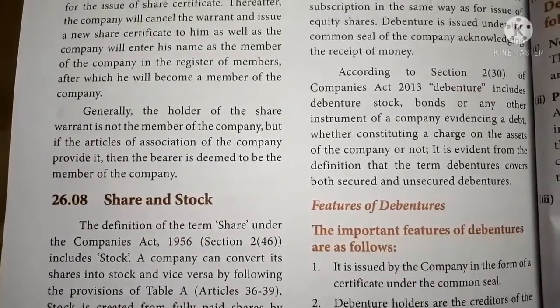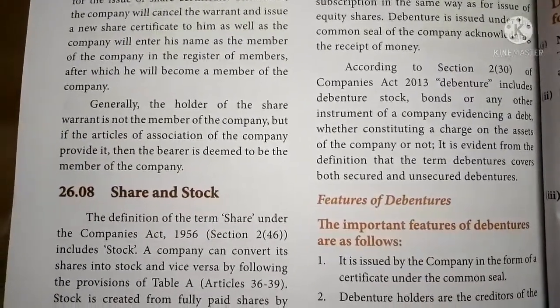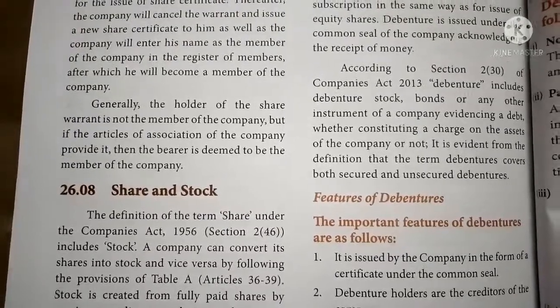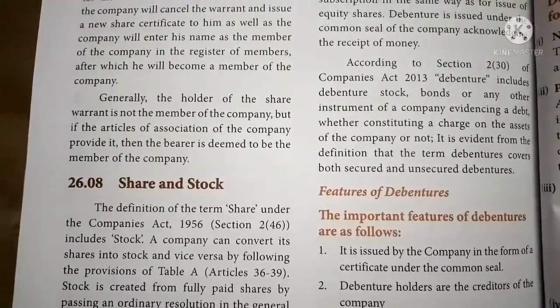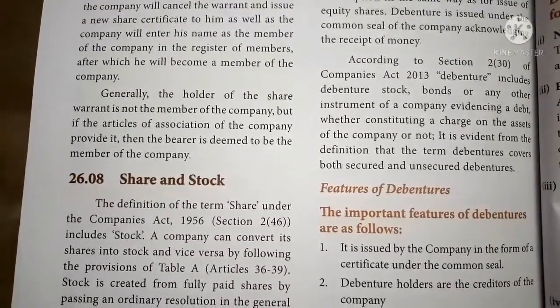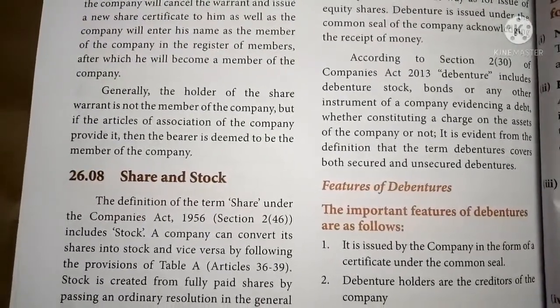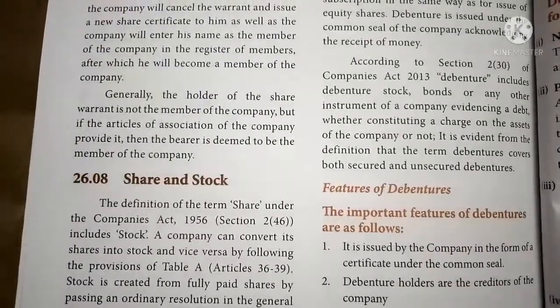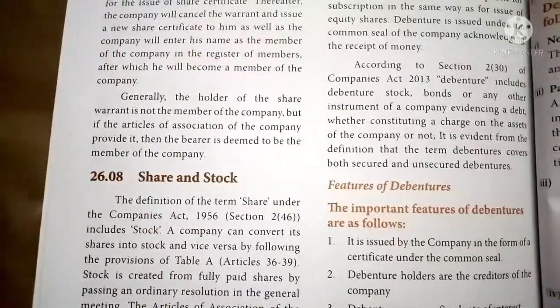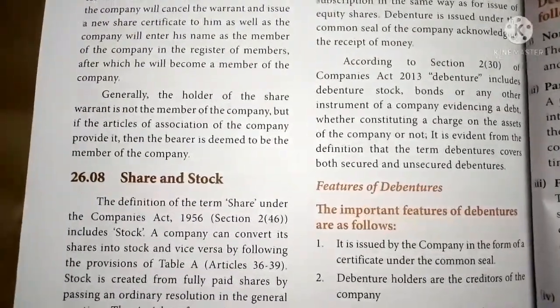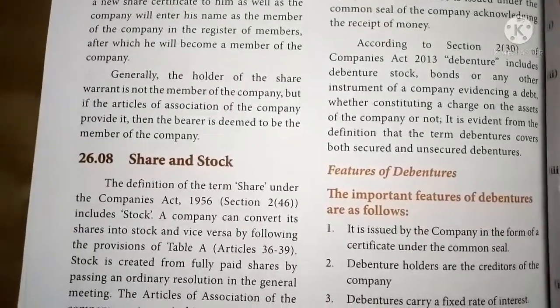Along with the debenture certificate, a document is issued by the company mentioning the interest rate, whether constituting a charge on the assets of the company or not. So the term debenture covers both secured and unsecured debentures.